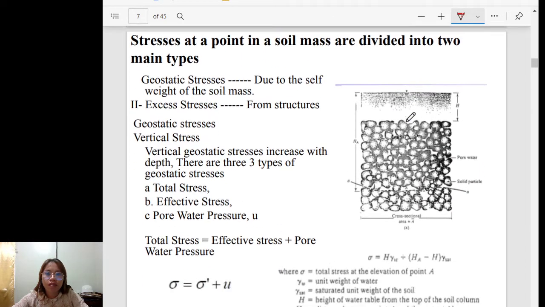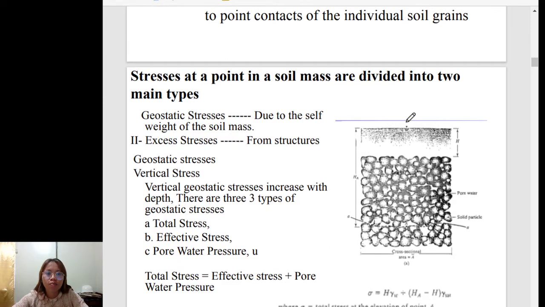So we have stresses at a point in a soil mass that are divided into two main types. We have the geostatic stresses, which is due to the self-weight of the soil mass, and the excess stresses, which is from the structures.